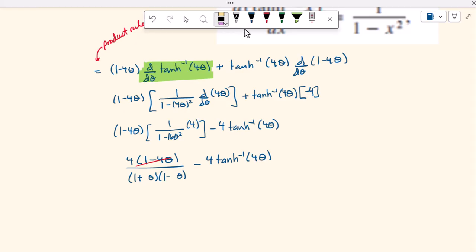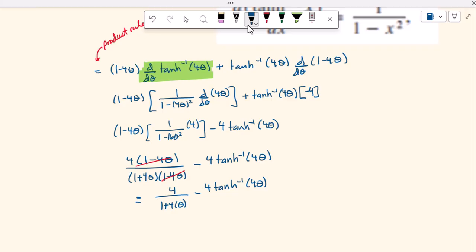So square root of 16 is 4. So that factors into the difference of perfect squares of 1 plus 4 theta and 1 minus 4 theta. So these cancel, and I'm left with 4 over 1 plus 4 theta minus 4 hyperbolic tangent of 4 theta. Okay, and that's my derivative.